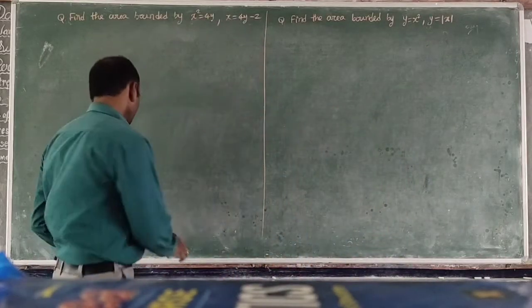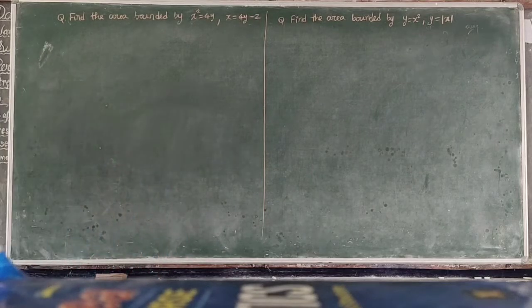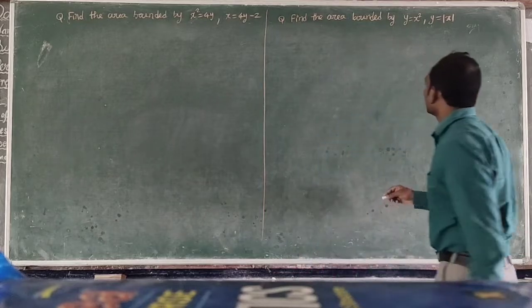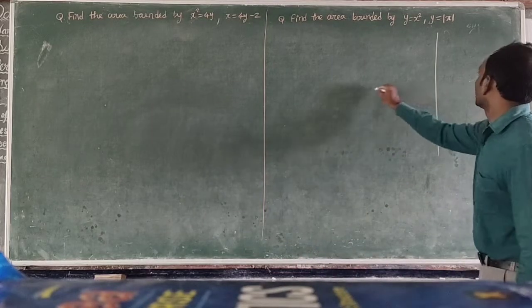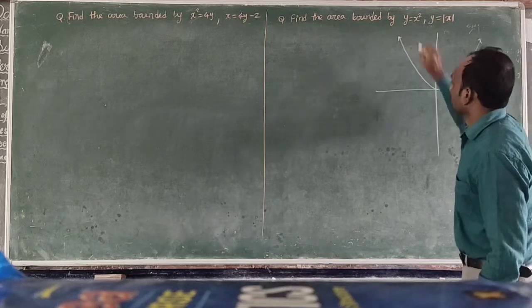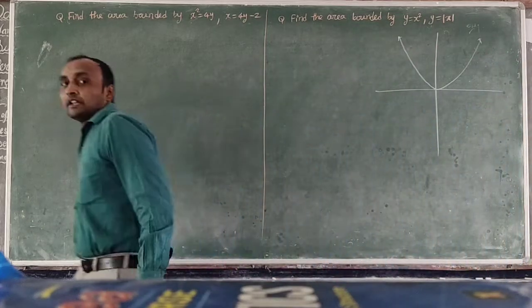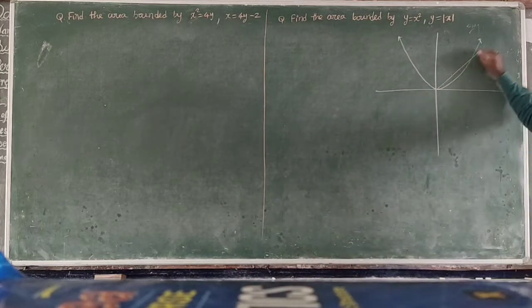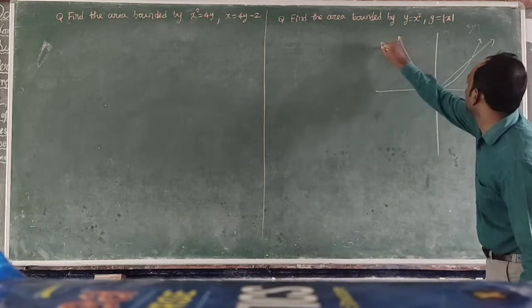Look at this. To find this area, we have to know the graph. First of all, y equal to x square is a parabola whose axis is the y axis, and y equal to mod x is a modulus function which looks like a V shape.